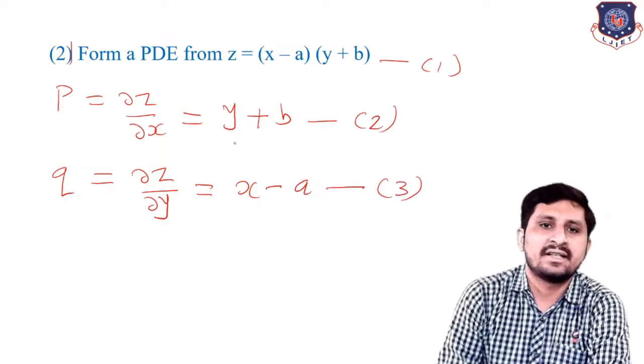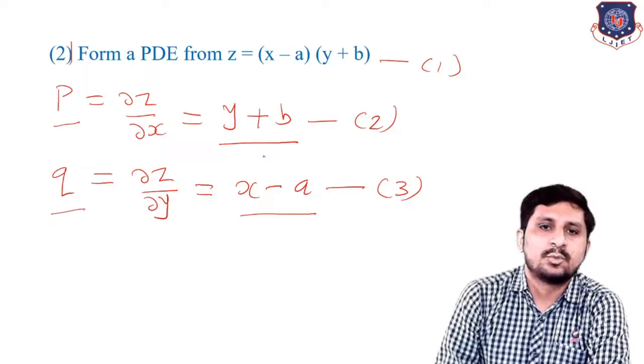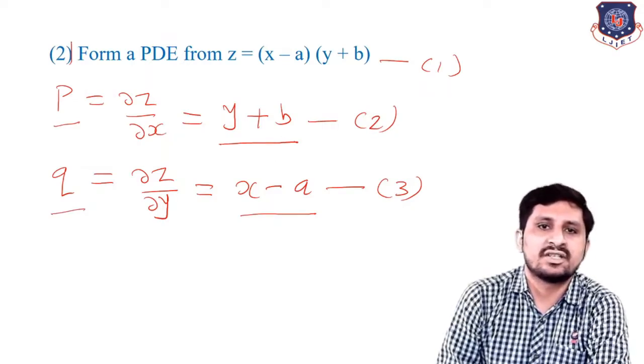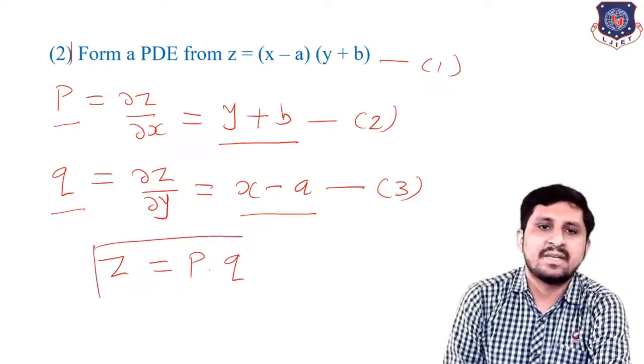Now you can understand that instead of Y plus B, we can write P, and instead of X minus A, we can write Q. So put these two values from equation number 2 and 3 in equation number 1. So that's why we will get Z is equal to nothing but P into Q. But in examination you have to write all the sentences.